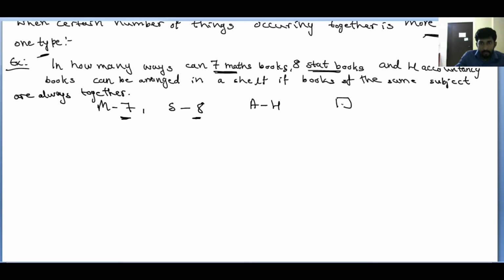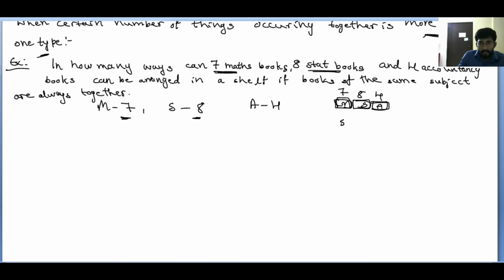That means see, maths here, stat here, accountancy here. How many maths books are there? 7, stat 8, here 4. Okay. You need to do the arrangement such that maths books always occur together, stat books always occur together, as well as accountancy books always occur together.